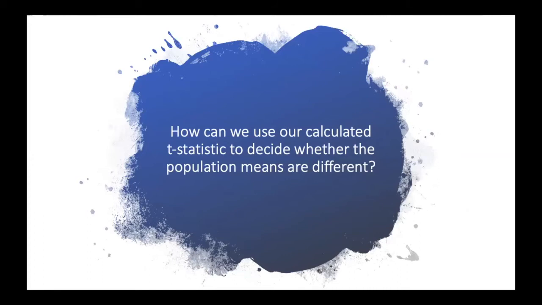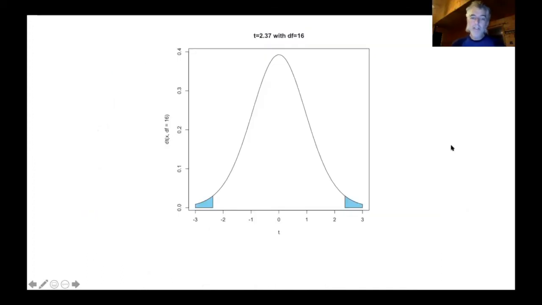So how can we use our calculated test statistic then to decide whether the population means are in fact different? Well, just like we've done in the past, what we want to do is to compare our calculated test statistic to a distribution of test statistics that we would get if the null hypothesis were true.